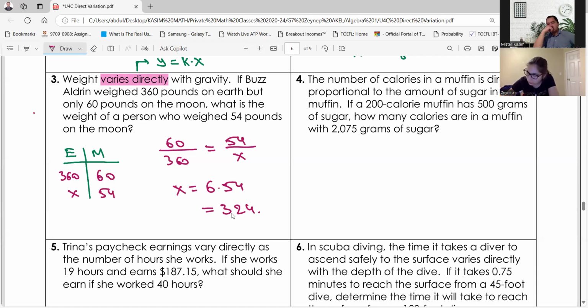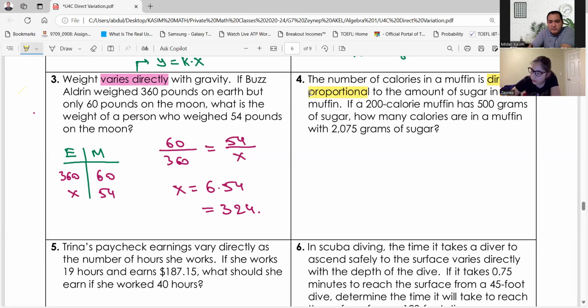The number of calories in a muffin is directly proportional to the amount of sugar in the muffin. If a 200-calorie muffin has 500 grams of sugar, how many calories are in a muffin with 2,075 grams of sugar? Now here it says directly proportional.